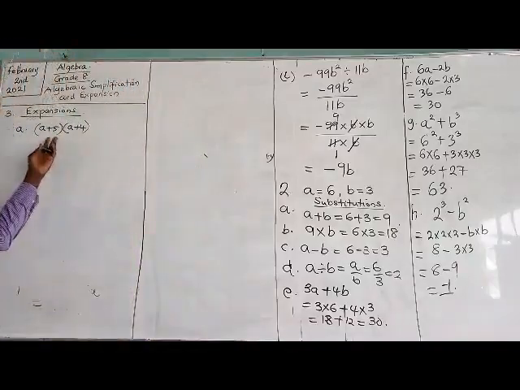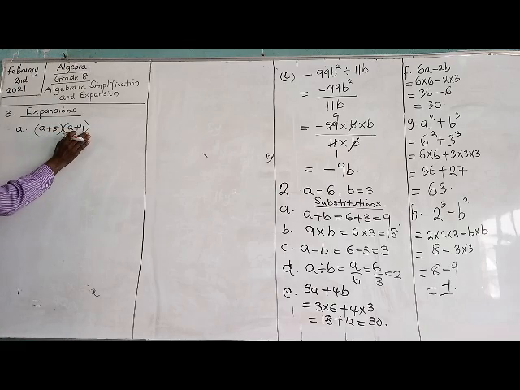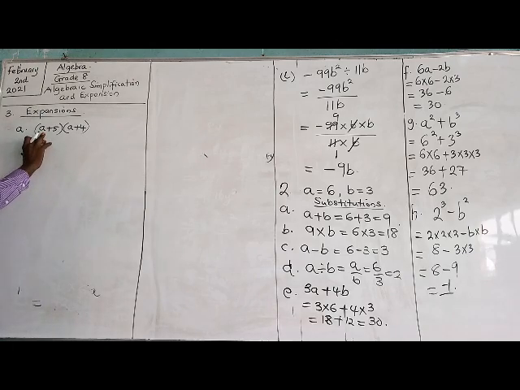Okay, so we'll try to look at this question now. A plus 5 into A plus 4. This bracket will multiply these brackets. The first thing you want to do is to use the content of the first bracket to multiply the content of the second bracket.